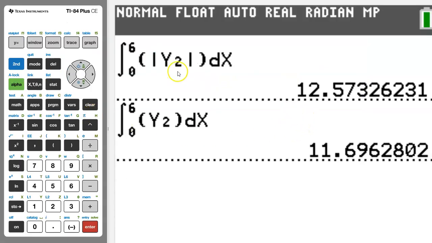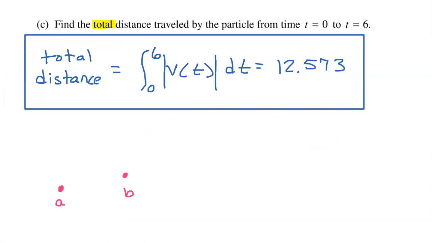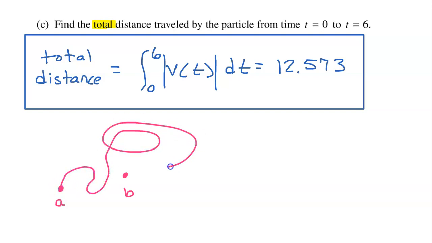Notice that you do not get the same answer if you type it in without the absolute value. The total distance will always be longer or equal to the net distance. Say you were traveling from time A to time B, and you took this crazy route that I'm drawing right now.